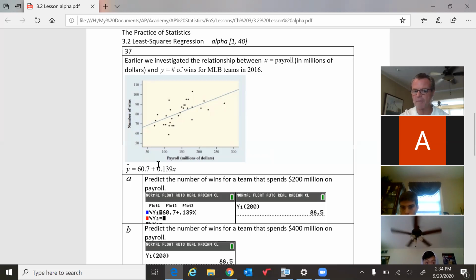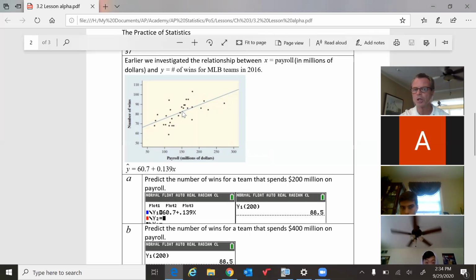They're giving you the line of best fit. So what the calculator did was this. You have something which is known as the grand mean. And the grand mean is the average of the input, so that's going to be somewhere around here, the average payroll, and the average of the output, number of wins.